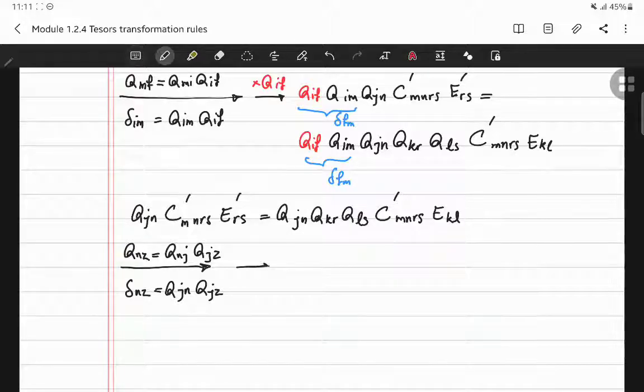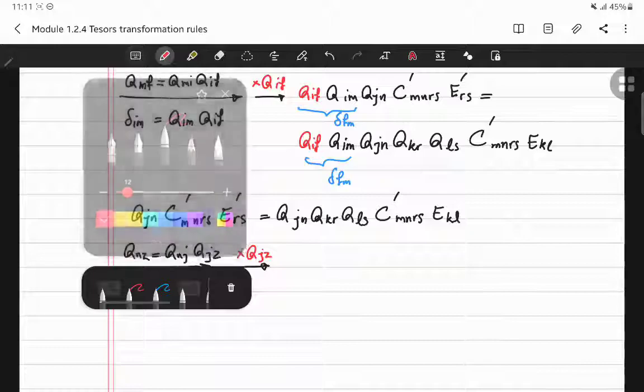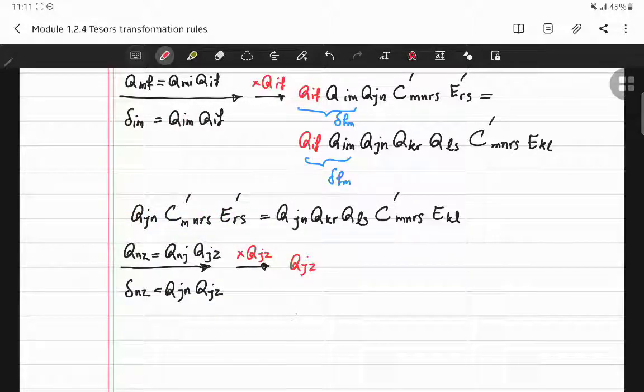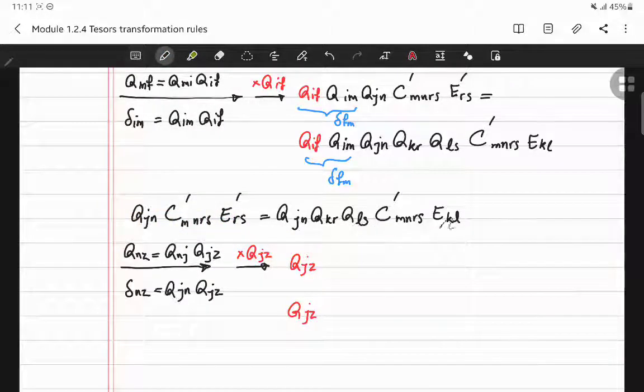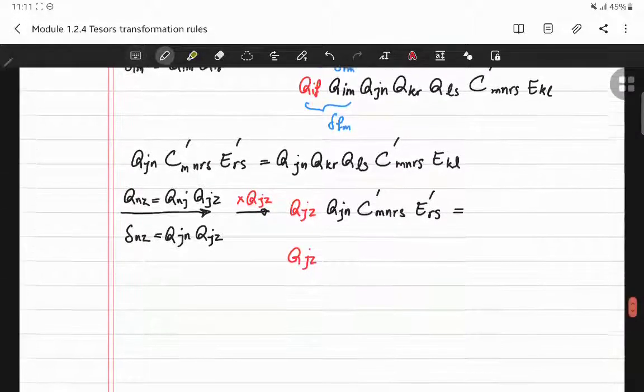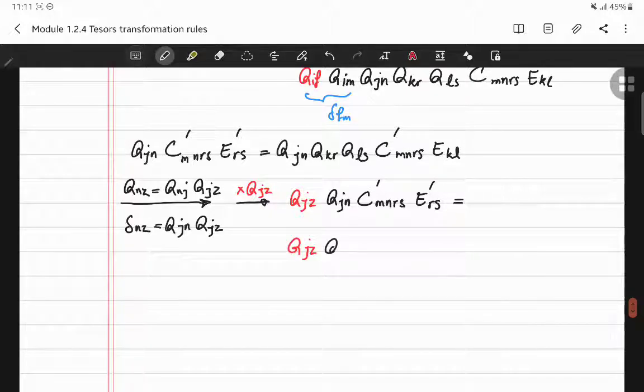So I multiply both sides of this expression by Qjz. I have Qjz, Qjn, C prime mnrs, E prime rs is equal to Qjz, Qjn, Qkr, Qls, C prime mnrs, Ekl. Perfect.